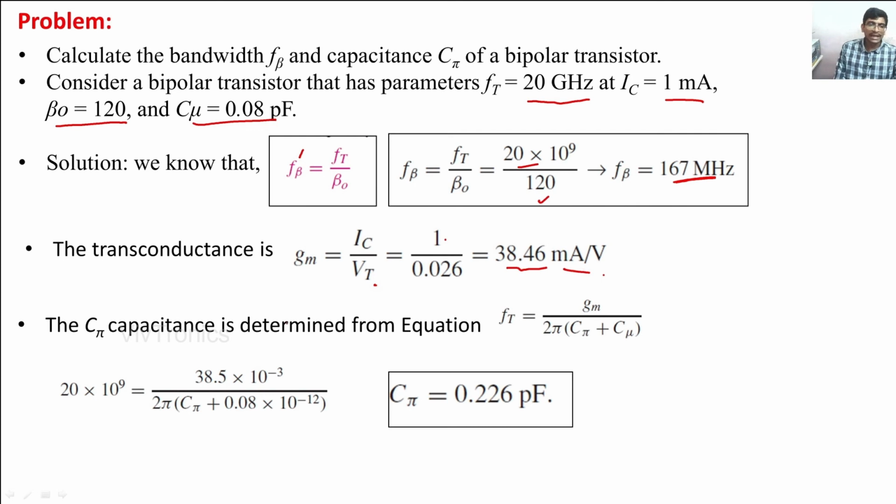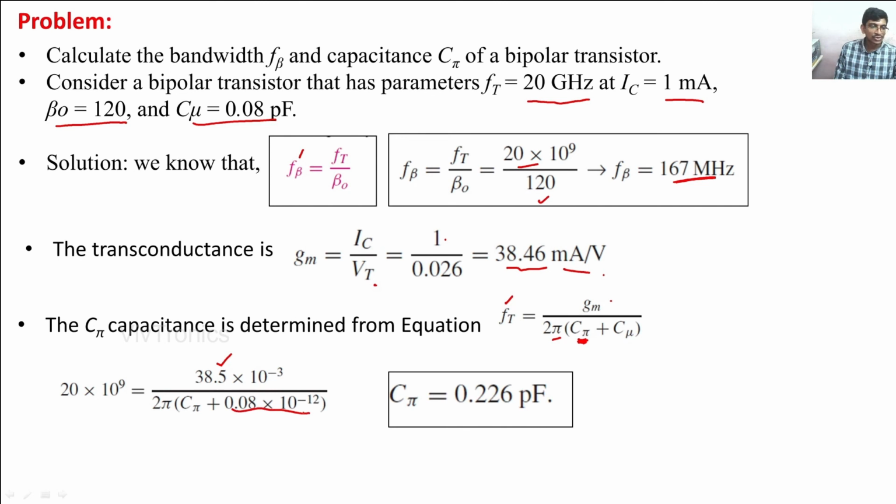Therefore, the C pi capacitance is determined from the equation ft is equal to gm divided by 2 pi into (C pi plus C mu). From this equation we are going to get the C pi value, and all the remaining values we know. The ft value is 20 gigahertz, the gm value is 38.5 milliamperes per volt, and C mu was given as 0.08 picofarads.